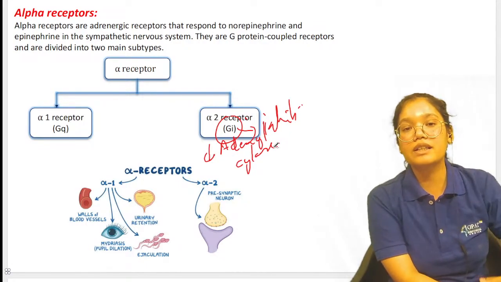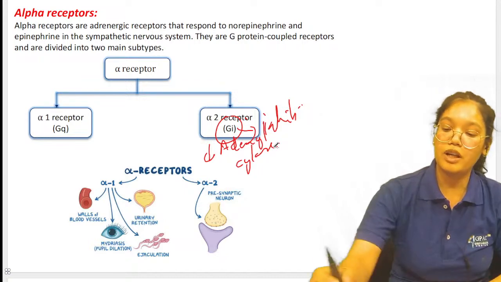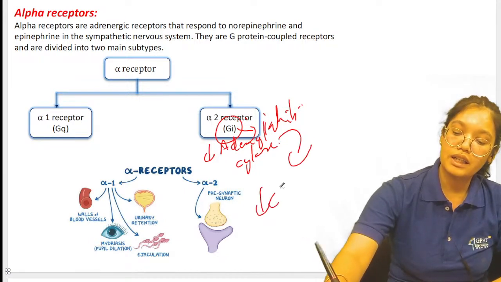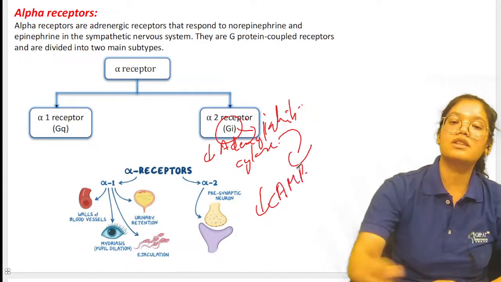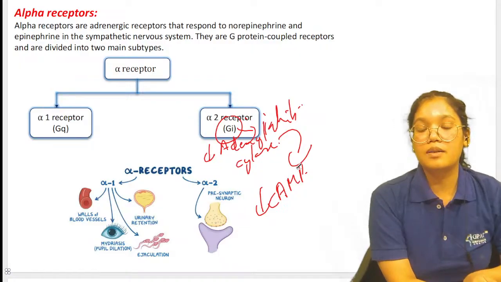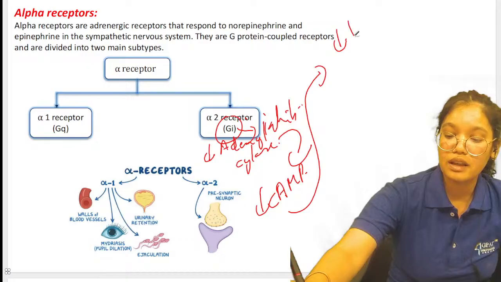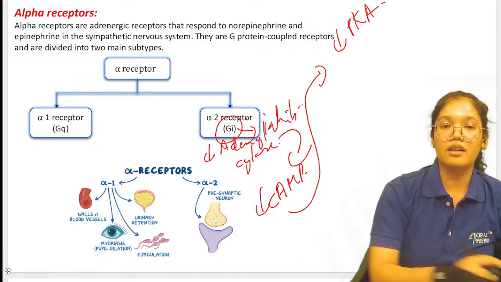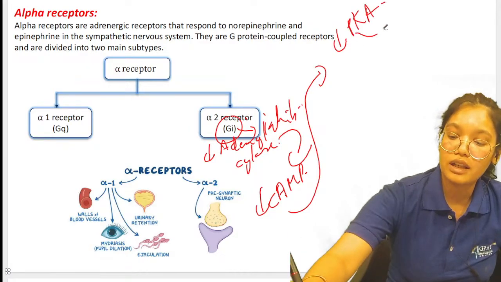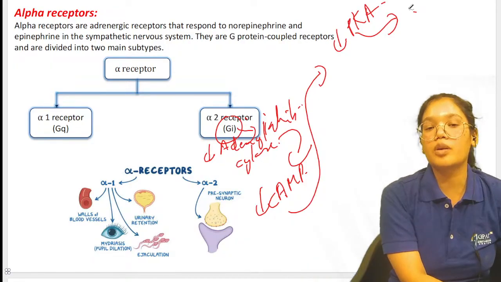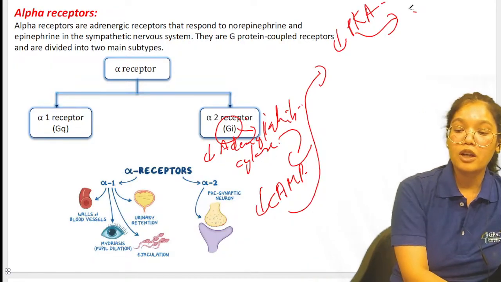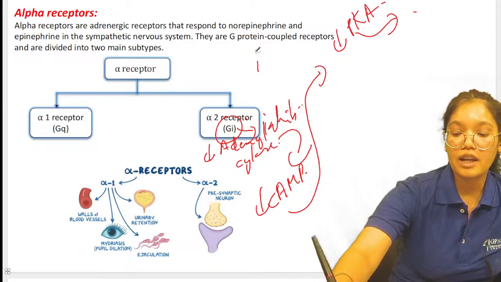This will result in a decrease in cAMP, the secondary messenger, and a decrease in protein kinase A. As protein kinase A is reduced, phosphorylation of proteins is reduced, so we get an inhibitory action here.